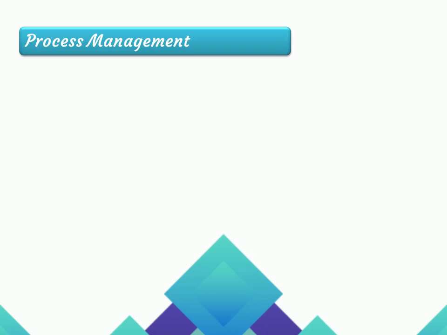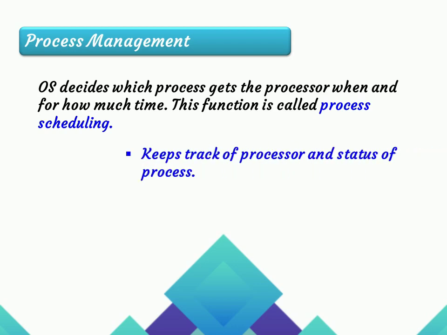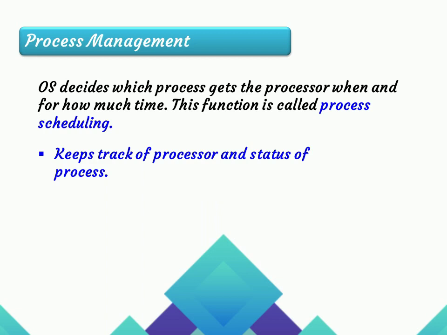Next, we'll see process management. The OS decides which process gets the processor, when and for how much time. So this function is called process scheduling. An operating system does these activities through process management.